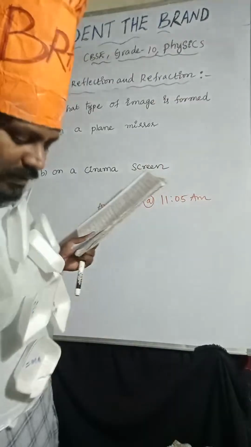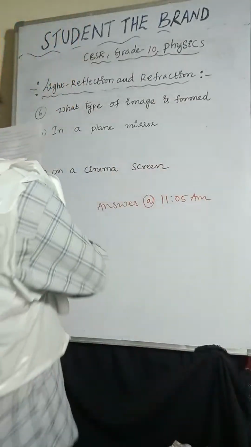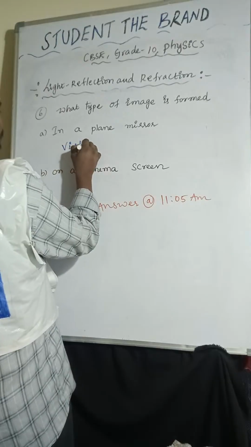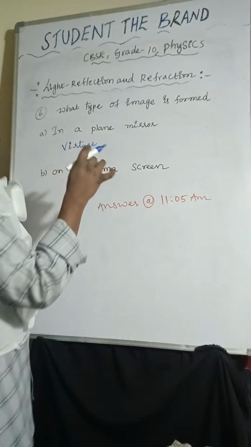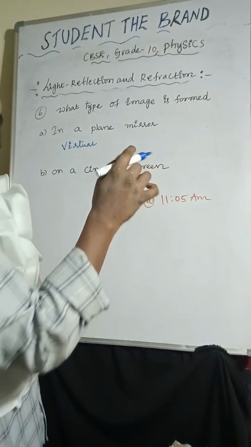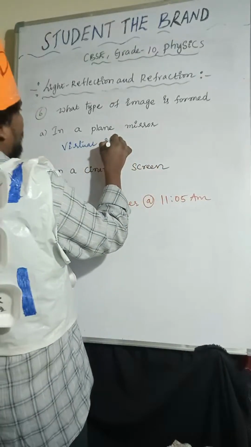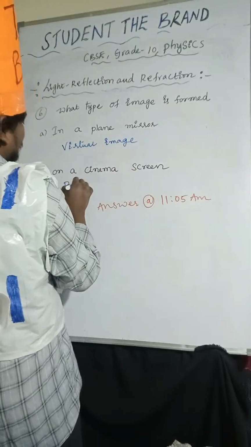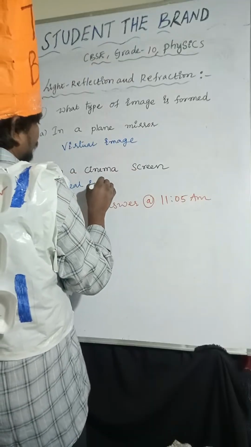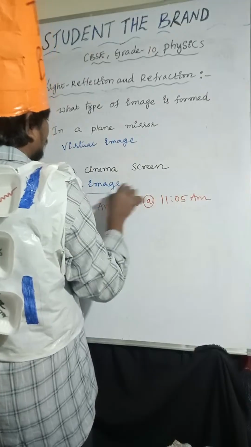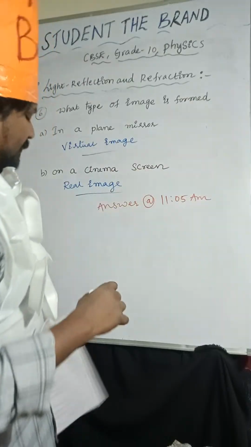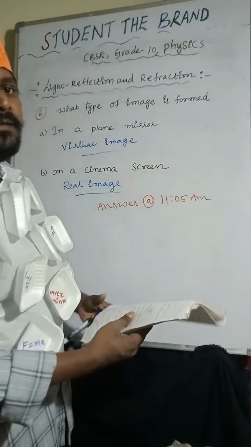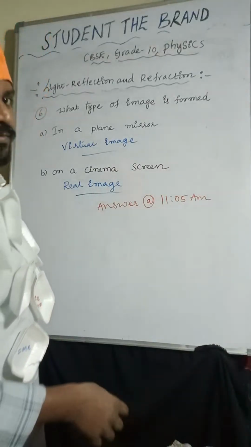On a plane mirror, virtual image; on a cinema screen, real image. Okay, next, we'll discuss one more question.